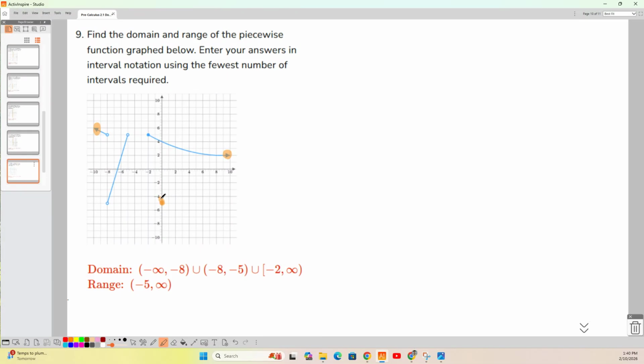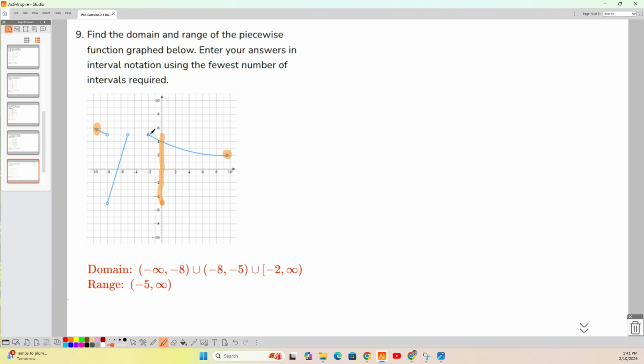As we go up, the graph keeps existing. Now here, there's an open circle at 5, but here, there's a closed circle at 5.